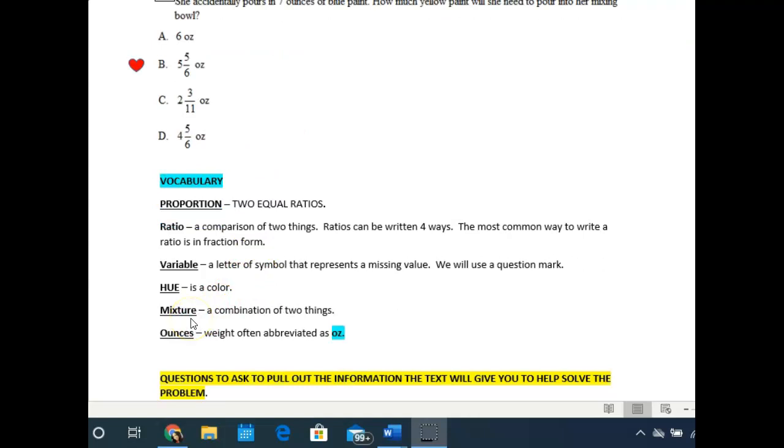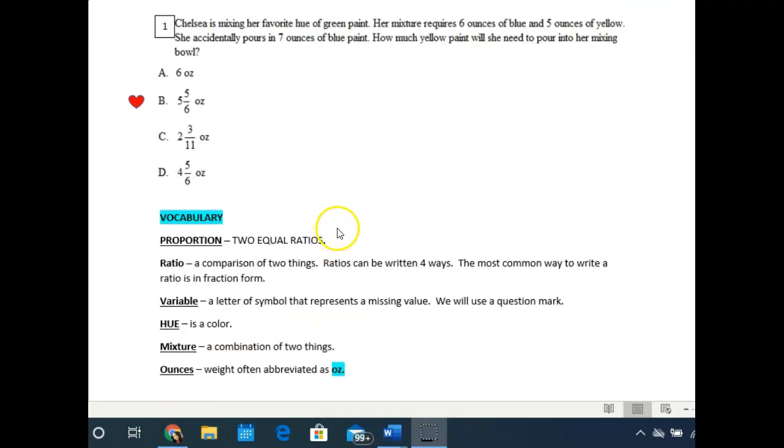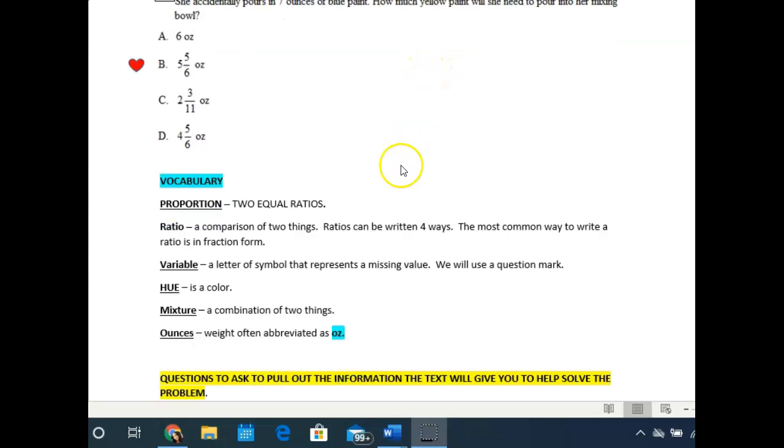Mixture. Mixture is a combination of 2 things. Sometimes regular math words or regular terms in the text will give an indication of what we need to do mathematically. When we combine 2 things, many times that means adding. Let's find out if that's what this means in this case.